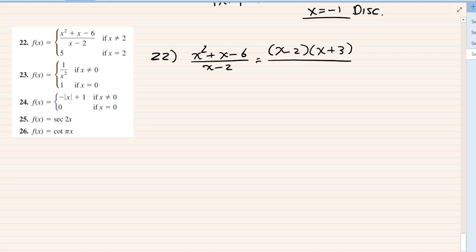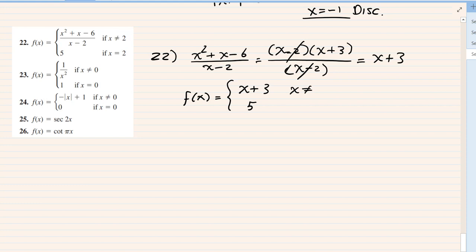Right? Two numbers multiplied to negative 6: negative 2 times 3. Negative 2 plus 3 is 1. So that looks like the right combination. Okay. So it reduces down to a linear function. So number 22, therefore f of x is simply x plus 3, and then 5.